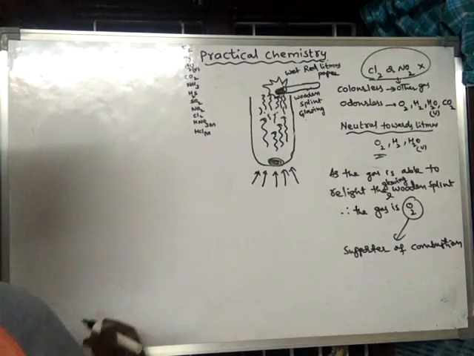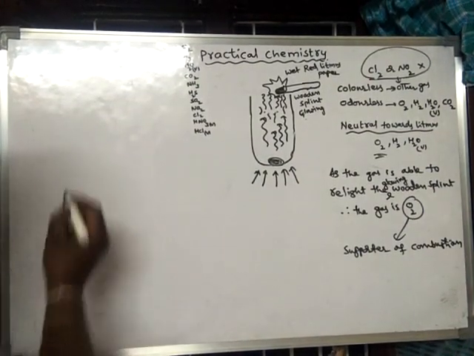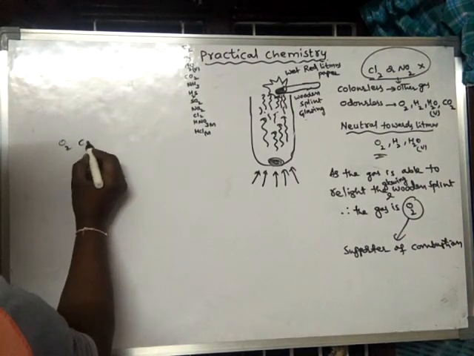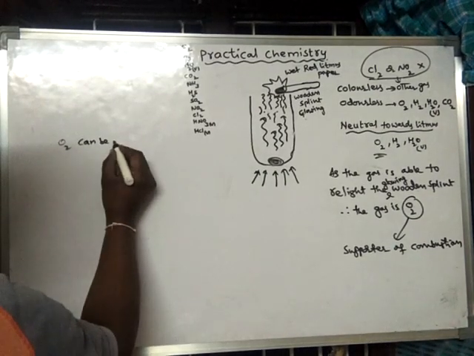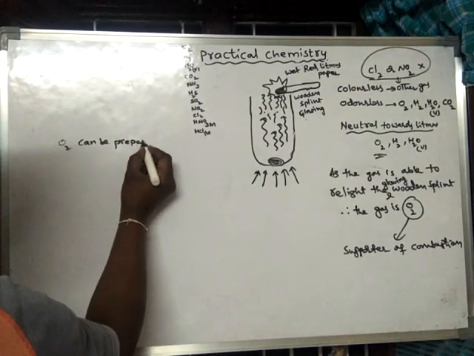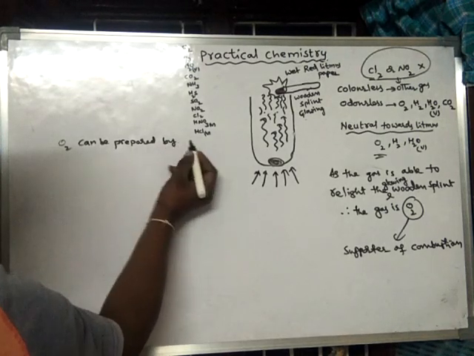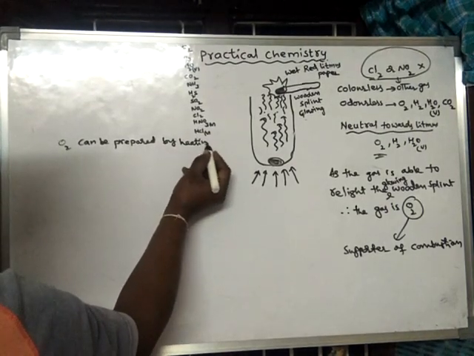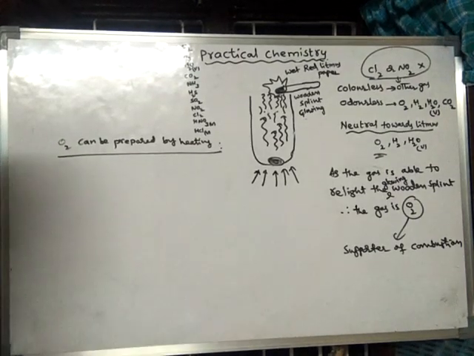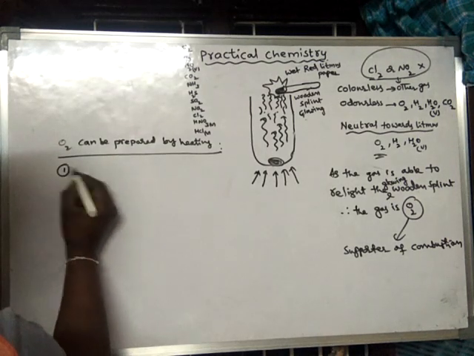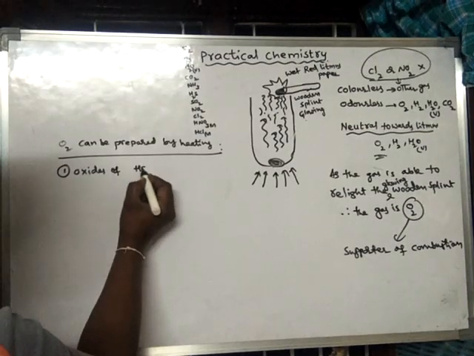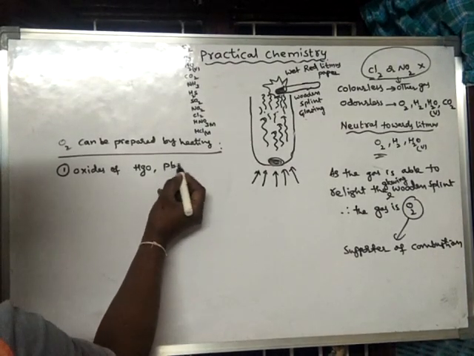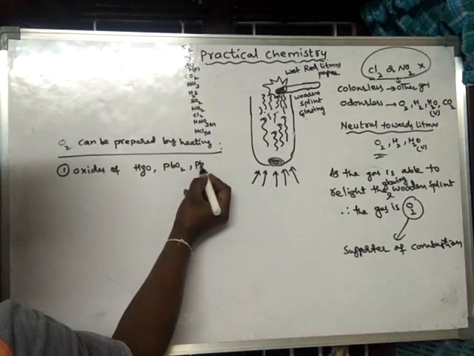Oxygen gas can be prepared by heating oxides of metals, that means mercury oxide, lead dioxide, or else.